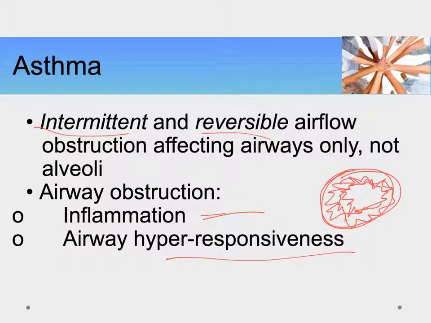What happens on the outside part here is that it constricts. The bronchioles constrict. So it's twofold. You have inflammation within the middle part, and then you have bronchoconstriction around the outside of it. So that's why we try to treat with a bronchodilator and also an inhaled medication such as an inhaled steroid that can decrease that inflammation on the inside as well.